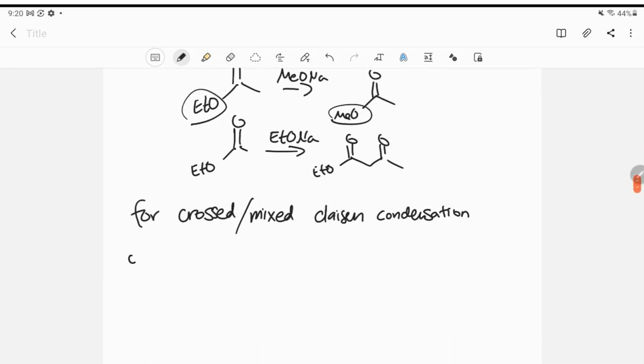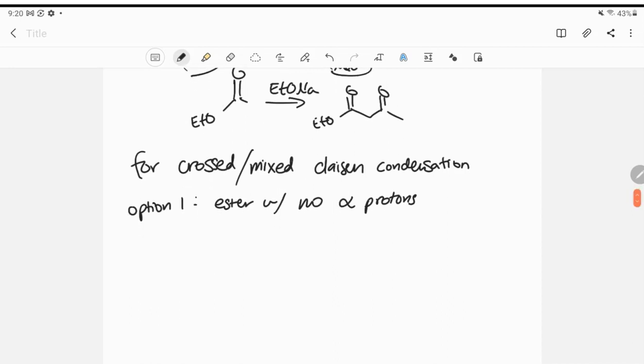Option one is have an ester with no alpha protons. So that would be something like a benzoyl ester or a formyl ester. That would be an example of when you can do the Claisen.